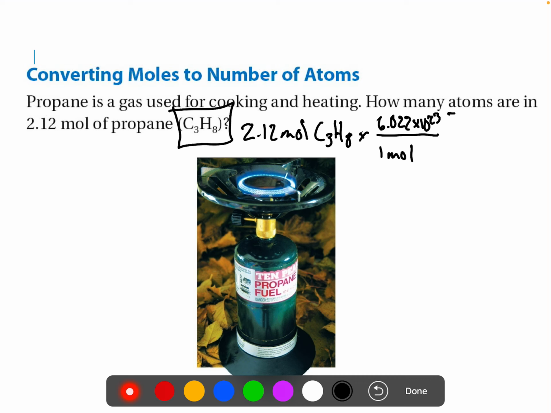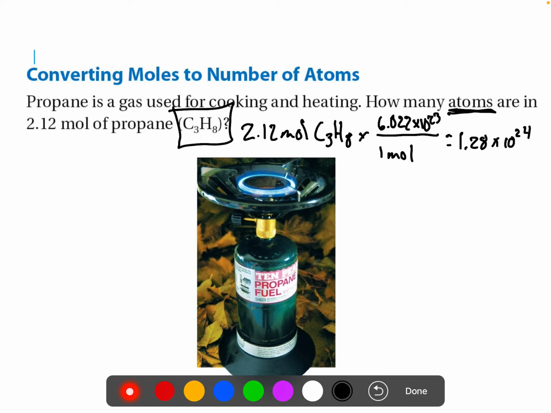So we're not looking for atoms, and this is going to give us molecules. This is going to give us the molecule particle. So when we multiply this out, 2.12 times 6.022 times 10 to the 23rd, we're going to get 1.28 times 10 to the 24th, okay?